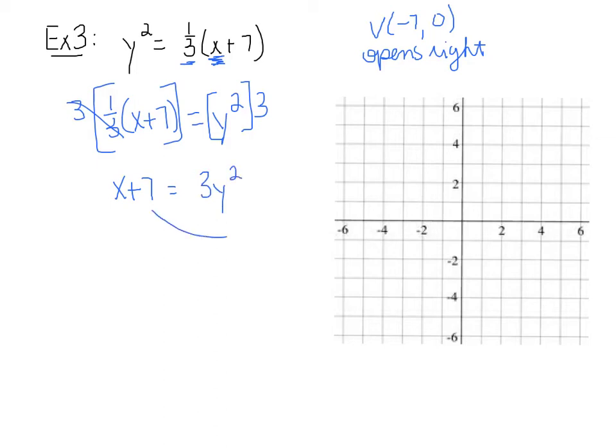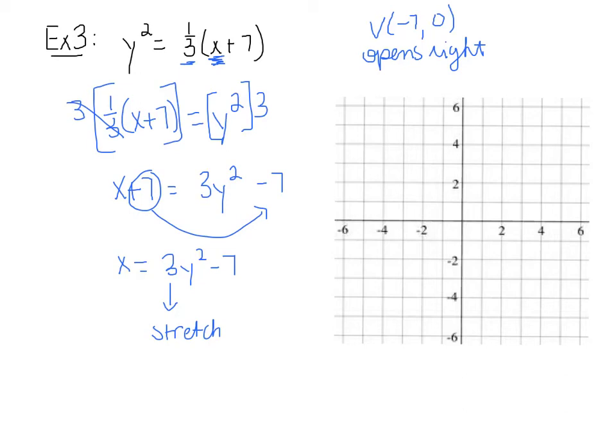And then we're going to move that plus 7 to the other side and subtract it. So we have x equals 3y squared minus 7. Alright, so this 3 represents a stretch. It's a stretch horizontally. And again, we've already said that it opens to the right.